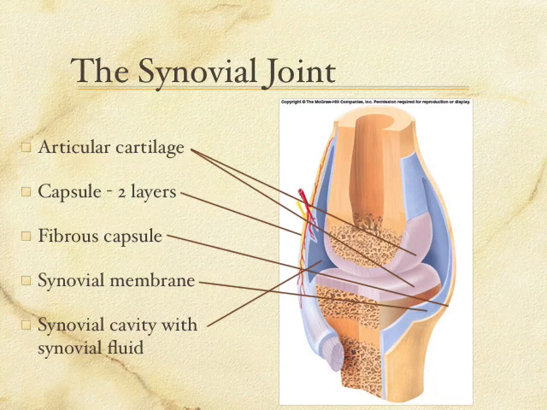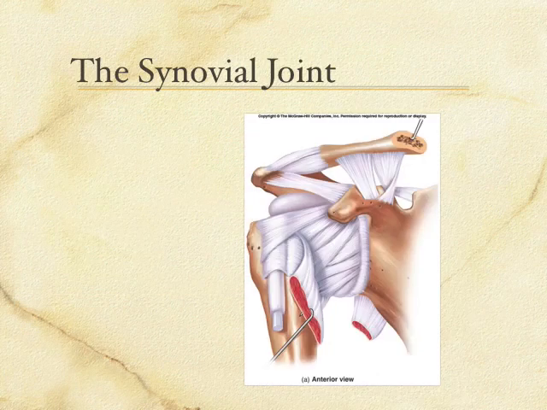There are a couple of other sort of side elements that we sometimes find associated with synovial joints. Okay, so let me just go back for a minute. We got interrupted here for a second.